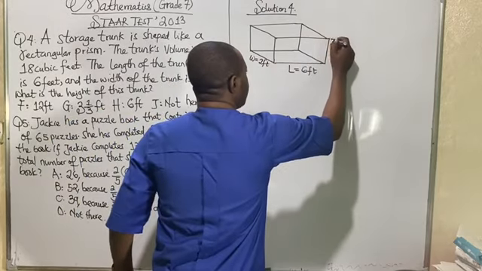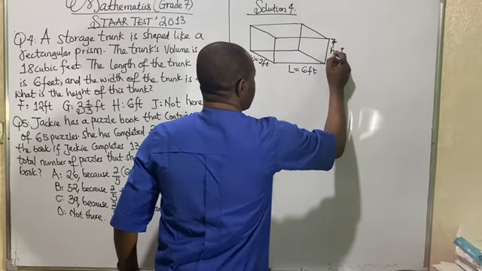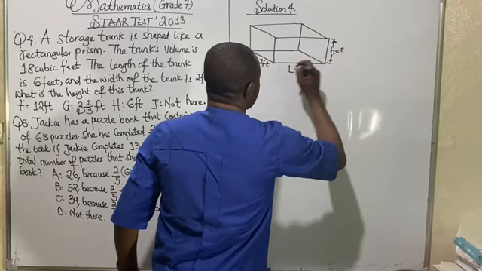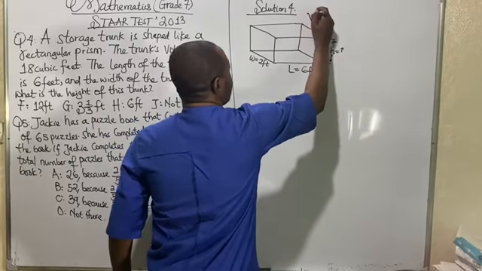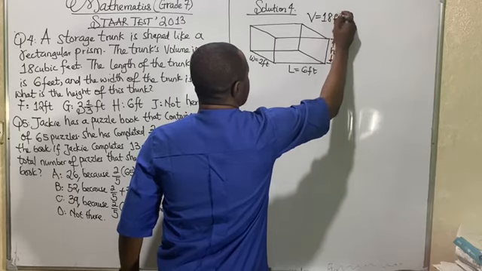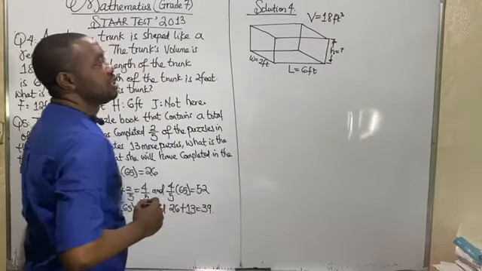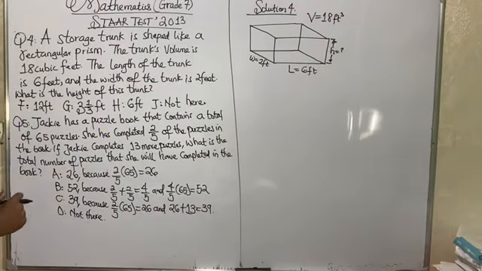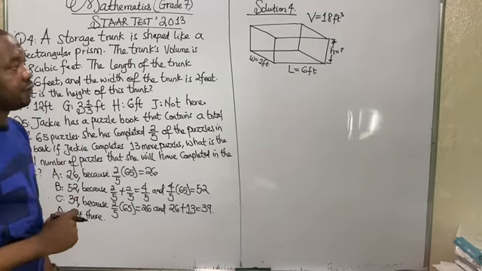The height of the prism is not given. We are given the volume of the prism, and that is 18 cubic feet, which will be 18 ft cubed.